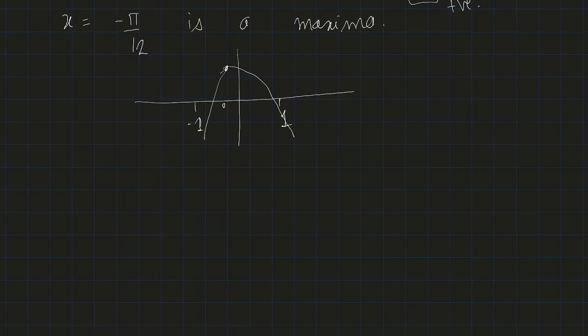So first, I check the endpoints. What is my f of -1, which is cos of -2 minus of -1, which is cos of 2 plus 1. And cos of 2, what is cos of 2? It is going to be a negative number, but it's going to be a number which is greater than -1, so overall this is going to be greater than 0.